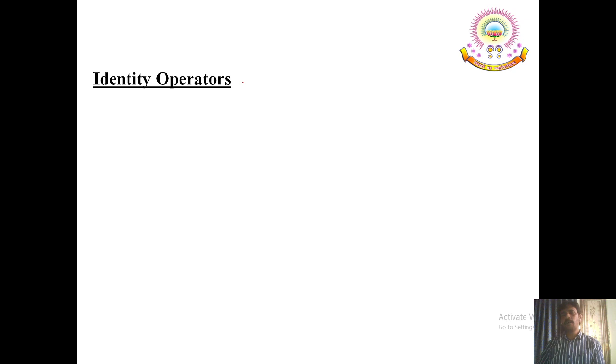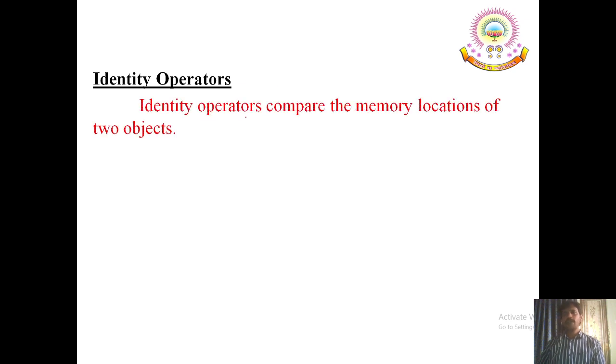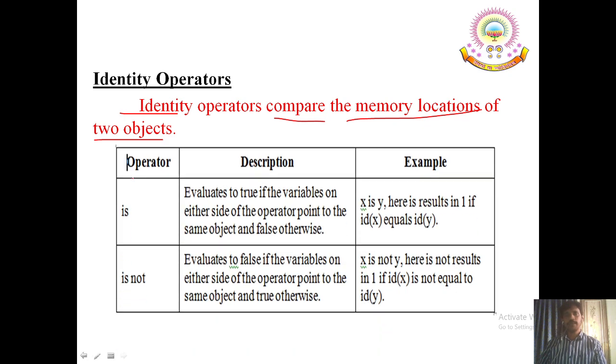Next, identity operators. Identity operators compare the memory locations of two objects. That means whether both are of the same type or not is clearly identified by the identity operators. Let's see them. The is operator evaluates to true if the variables on either side of the operator point to the same object.